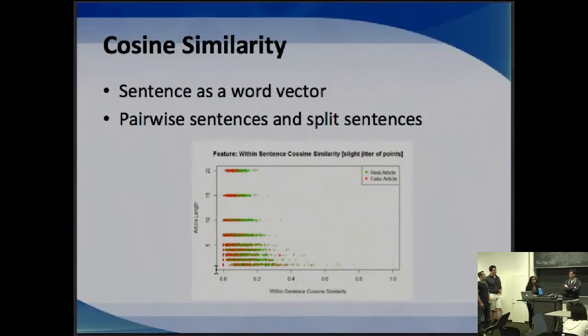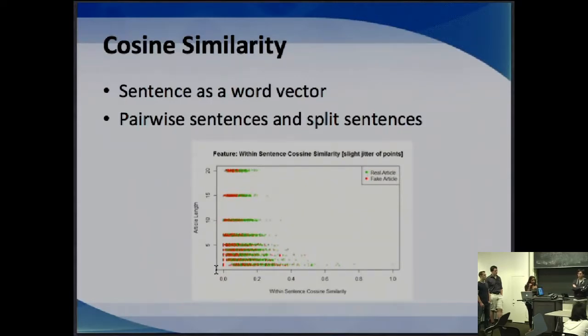Another measure that we used was the cosine similarity between sentences as well as between different parts of a single sentence. The motivation behind this feature was, as we were looking through the real articles, we saw that when people are conversing with each other on these broadcast news transcripts, there's a lot of echoing. Someone will say, I think this about this topic, and the next person will say, oh, well, I think this about this topic.